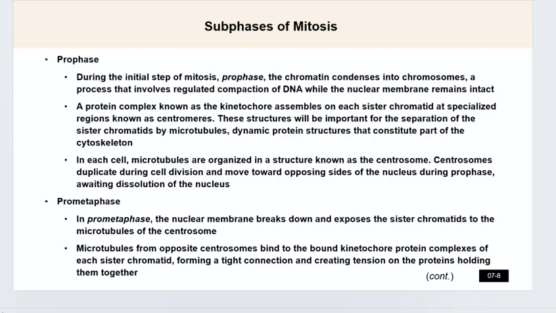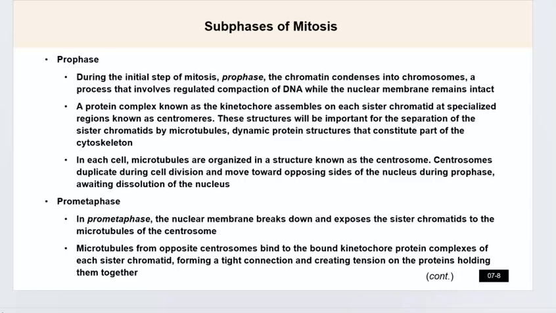Then we go into prometaphase, and the nuclear membrane breaks down and exposes the sister chromatids to the microtubules of the centrosome. Okay. Microtubules from the opposite centrosomes will bind to the protein complexes of each sister chromatid.